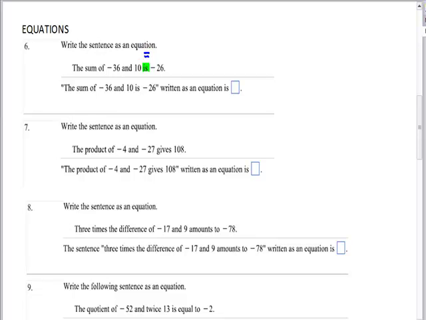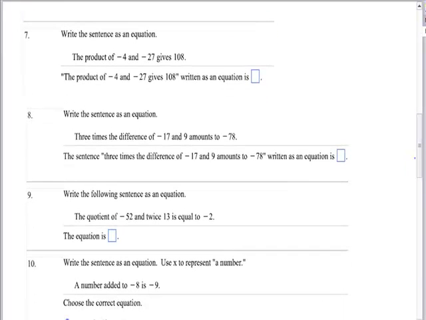There's no mystery number in these first translations. So the sum of, all right, sum of, I'm going to be adding. The sum of -36 and 10, there's my is, -26. These are just true statements. They're not anything we would even try to solve. There's no unknown.